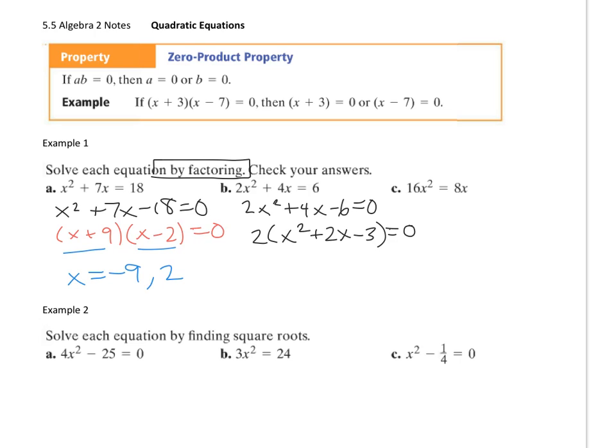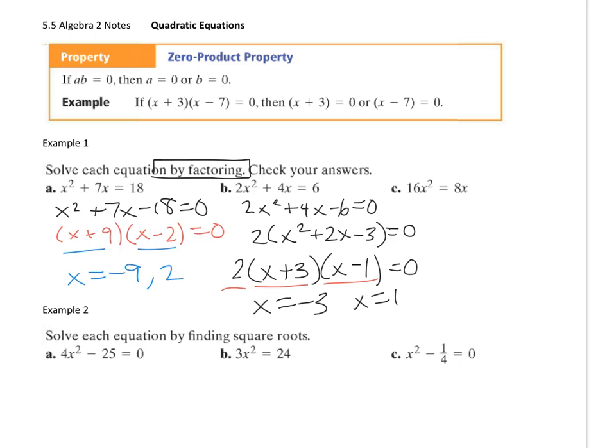I can also factor this trinomial into x plus 3 and x minus 1 equals 0. Then I set each of these factors equal to 0. I don't set 2 equal to 0 because 2 doesn't equal 0, so I just have x plus 3 equals 0, so x equals negative 3, and x minus 1 equals 0, so x equals 1.